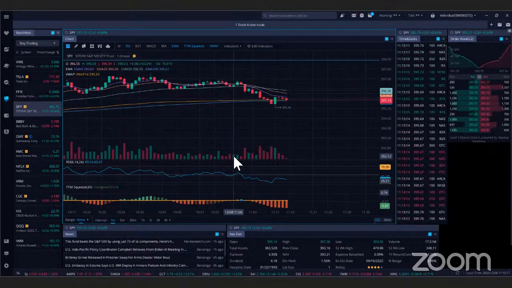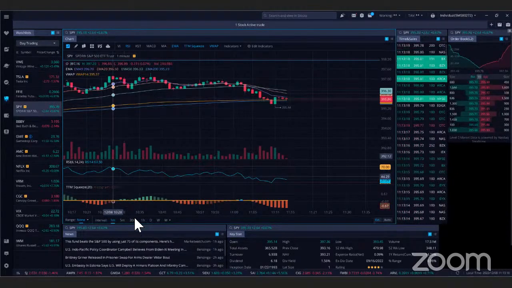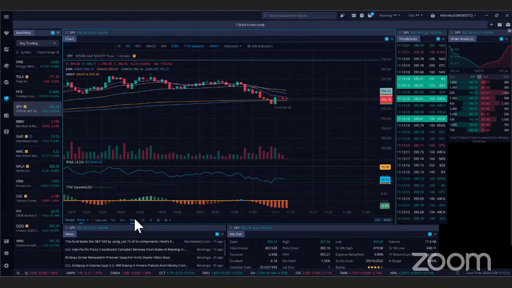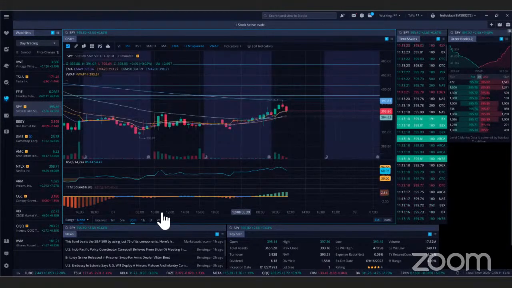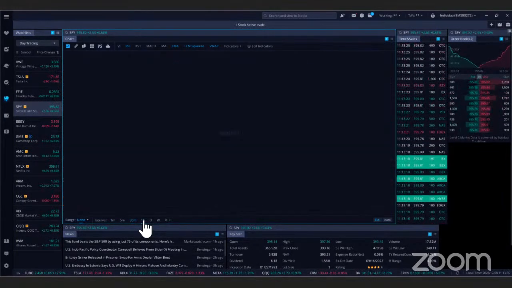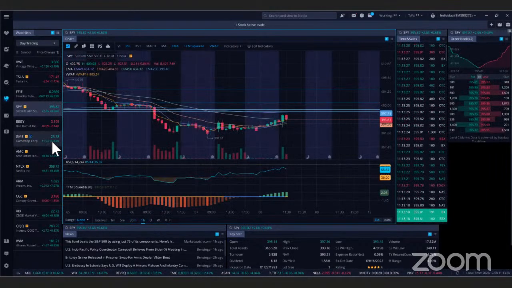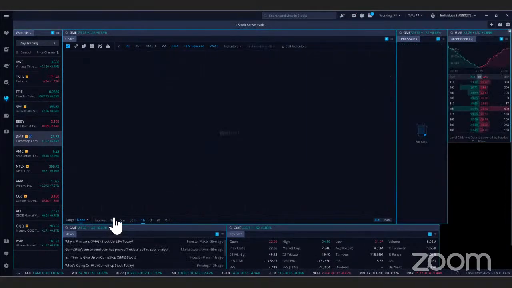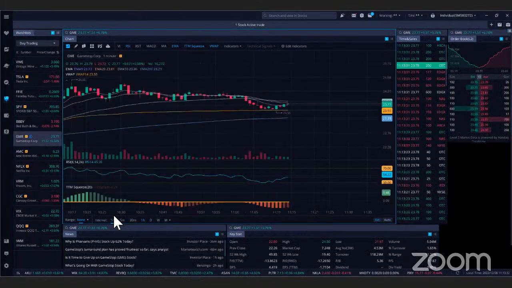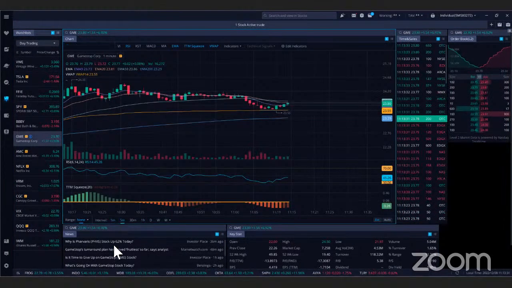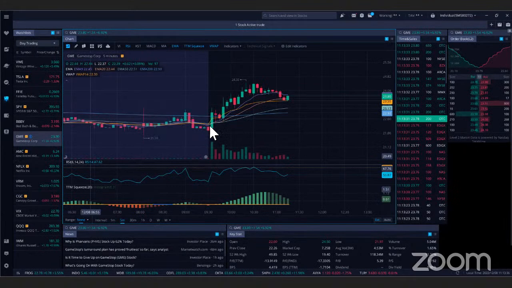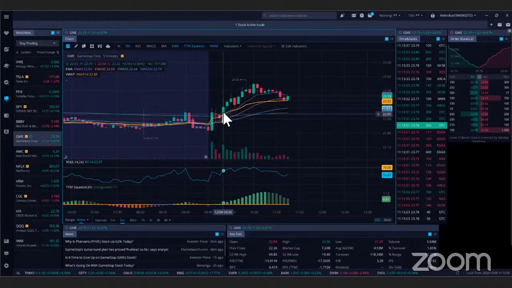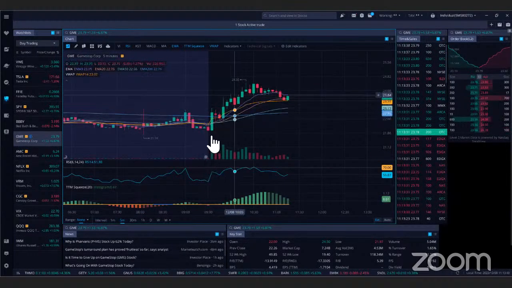So I guess with a momentum trade, like yesterday, there haven't been many lately. You see how GameStop kind of ripped out of here. It has momentum to the upside.